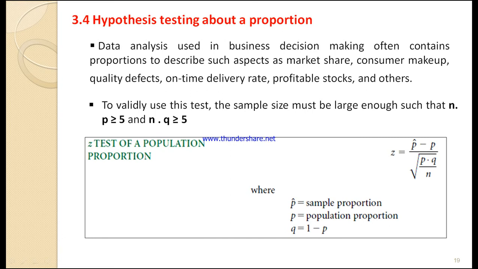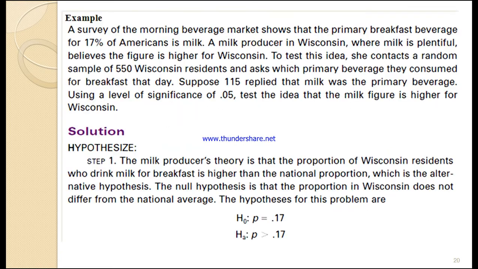Therefore, in order to test a hypothesis about a proportion, whenever the sample size is large, the z statistic is the appropriate test statistic.